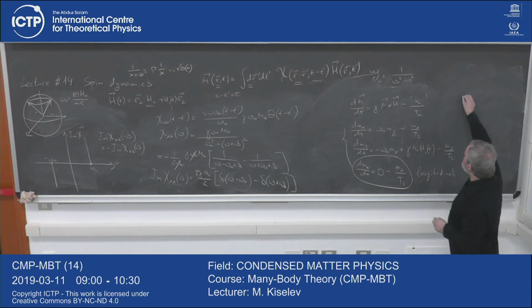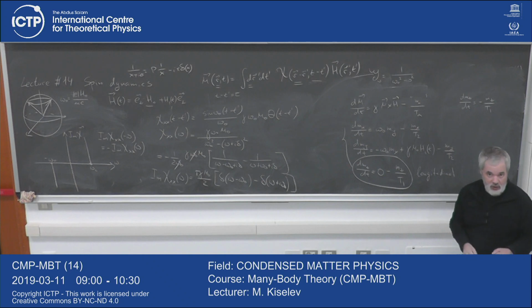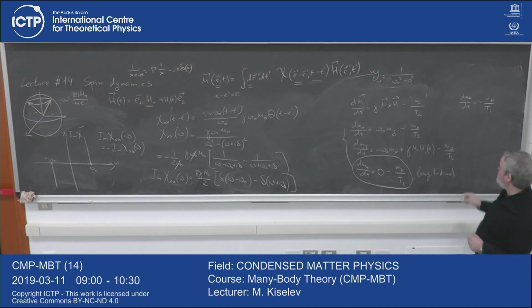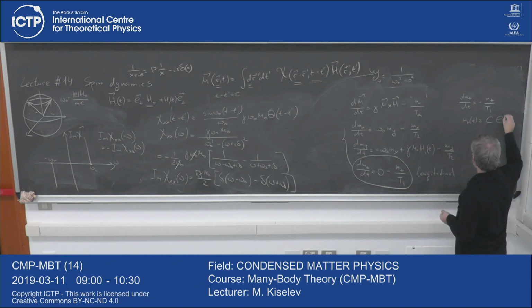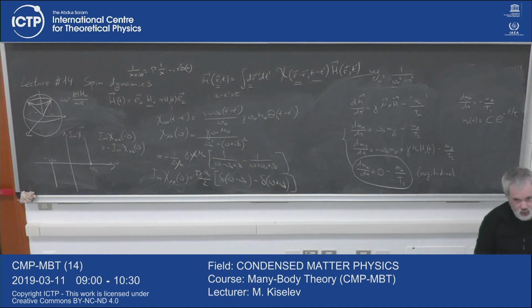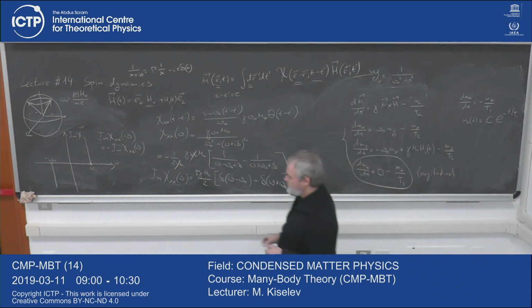So far so good. Let's look at what happens with this equation. We have dmz over dt is equal to minus mz over T1. The solution of this differential equation, mz(t), is just some constant c times e to the power minus t over T1. So this is why T1 is called the longitudinal relaxation time.